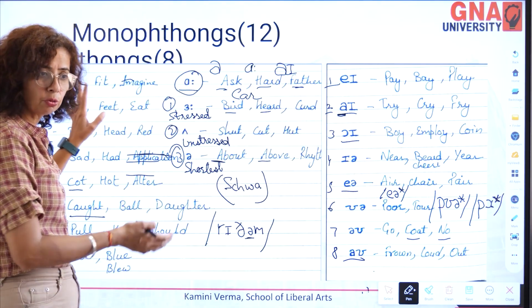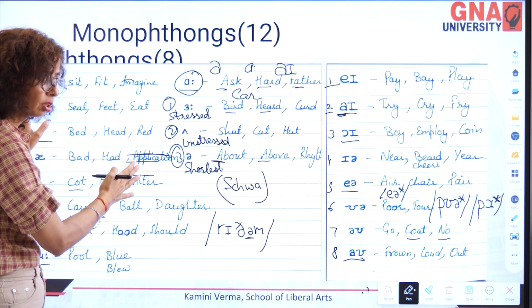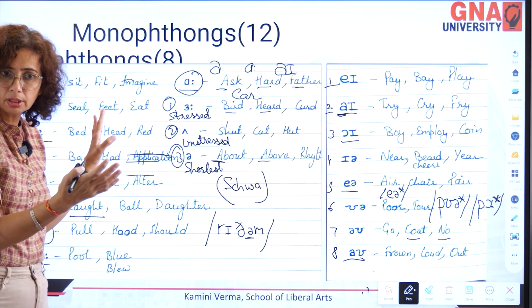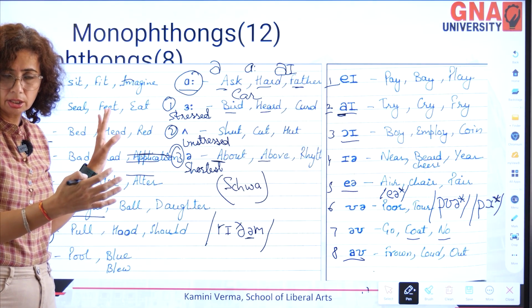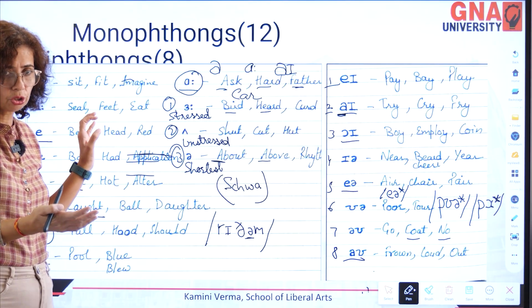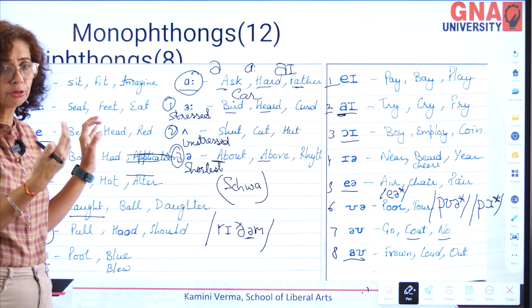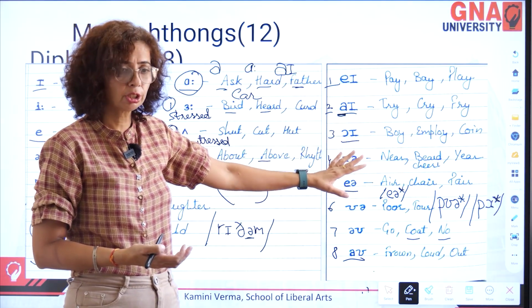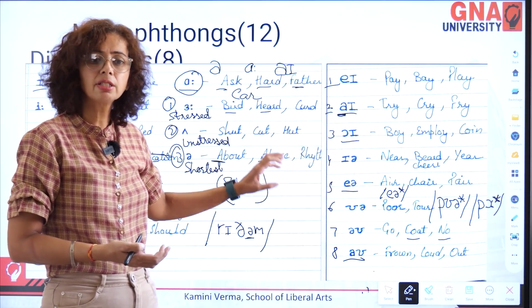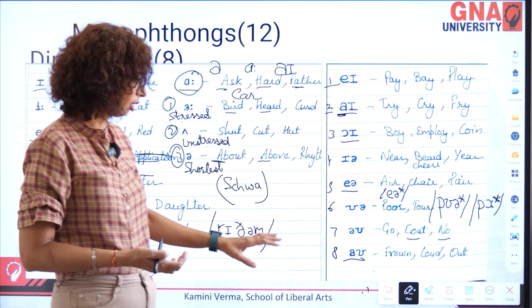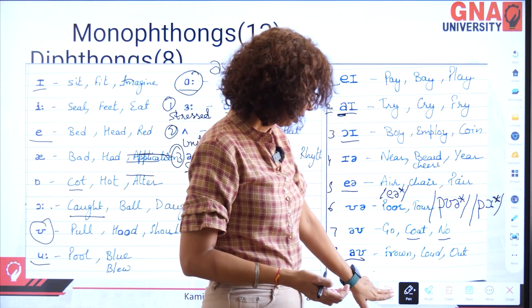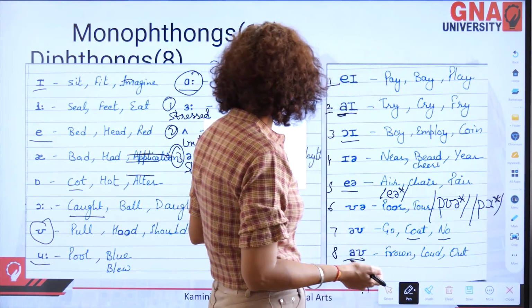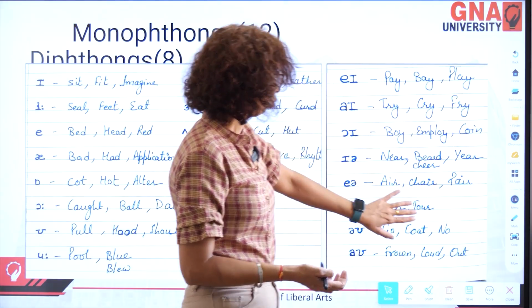Whenever we are using monophthongs, our lips and our tongue take a particular position in the articulatory system itself. And whenever we are producing the diphthongs, there are certain glides of our tongue which take place.